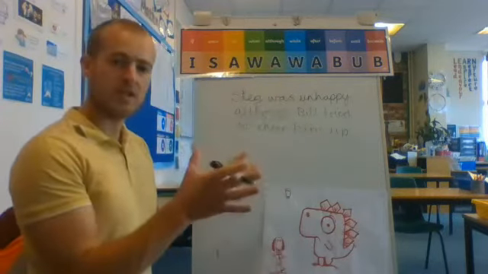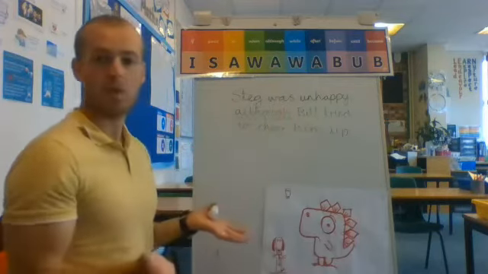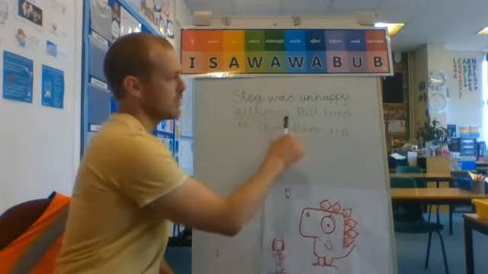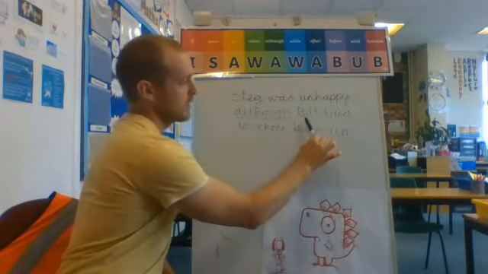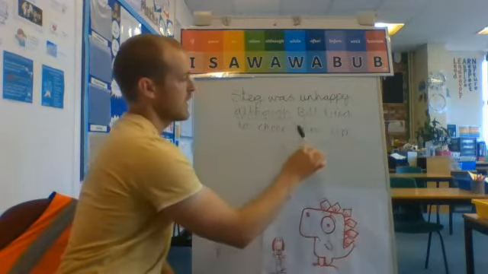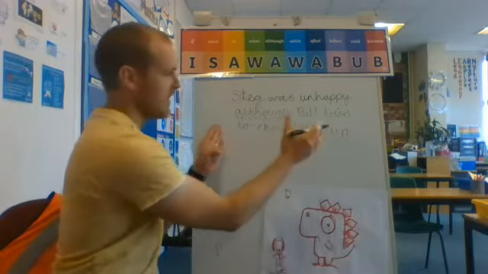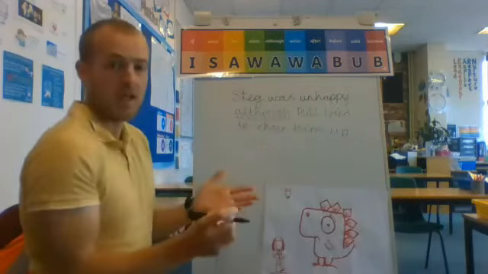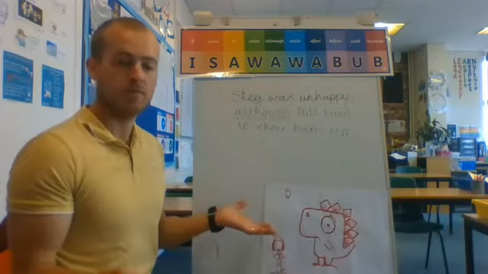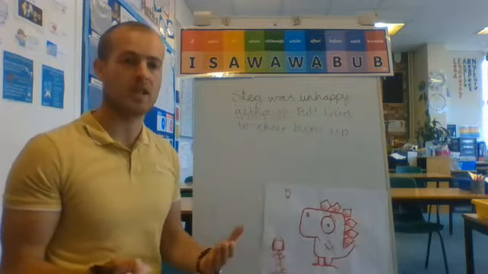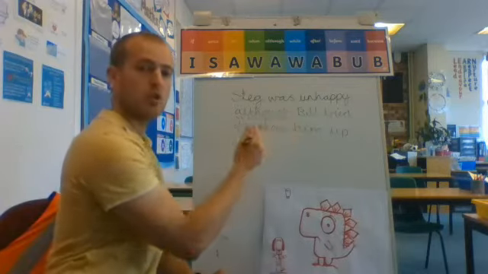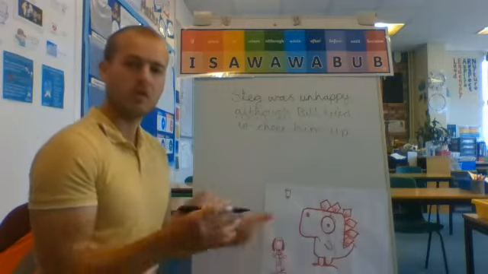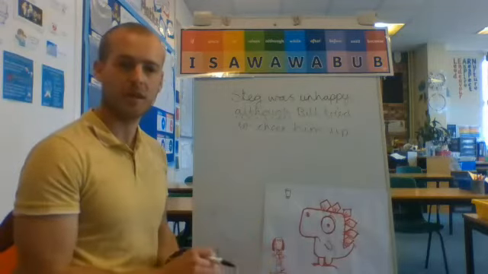If I was to use that as a sentence on its own, put a full stop at the end, that would make sense. Here's my second clause, Bill tried to cheer him up. Again, if I was to take that out of this sentence, that would make sense on its own. If you put a full stop there, it makes sense, it's clear. Although acts as a glue and joins two clauses together, two main sentences together, it makes them more complex, makes it sound more interesting. Okay?